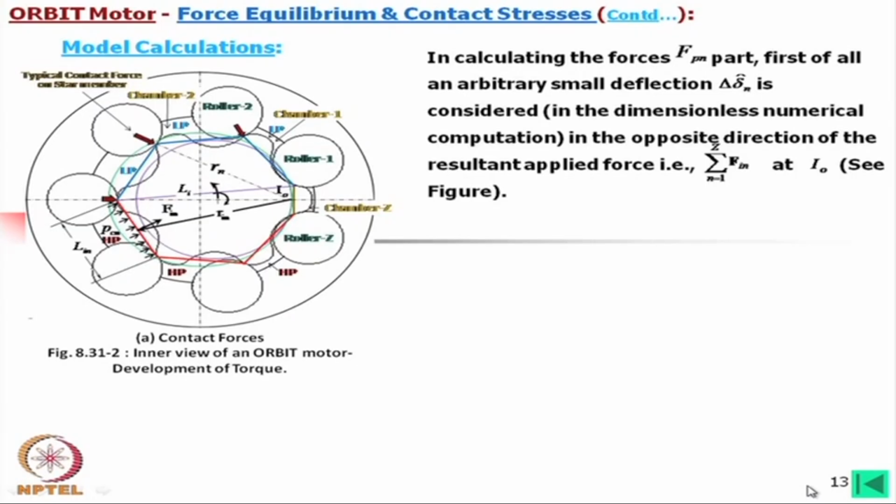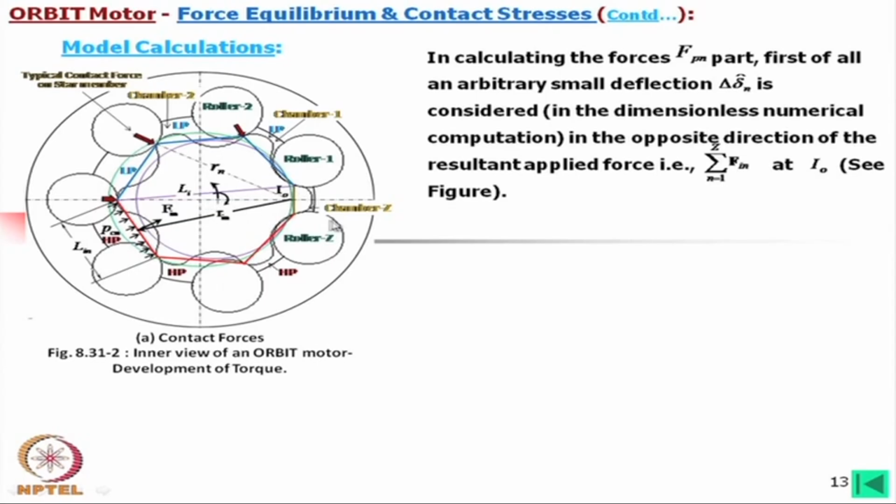Now, in calculating these forces F_pn, that is the force due to pressure, first of all an arbitrary small deflection delta d_n is considered in the dimensionless numerical computations. We consider an arbitrary small deformation in the opposite direction of the resultant applied force. That means, suppose this is the direction of the force, we have considered these two points.